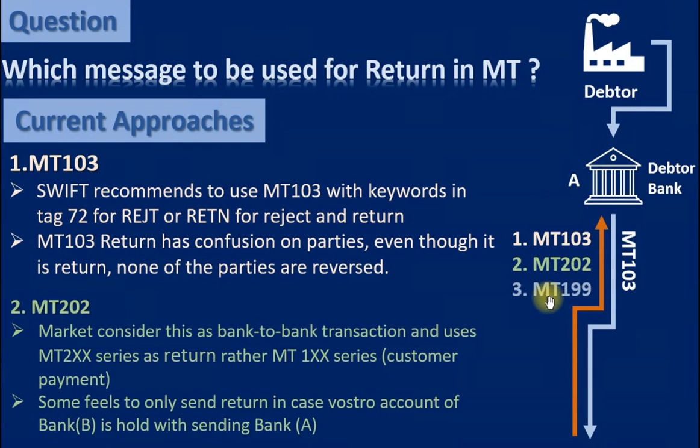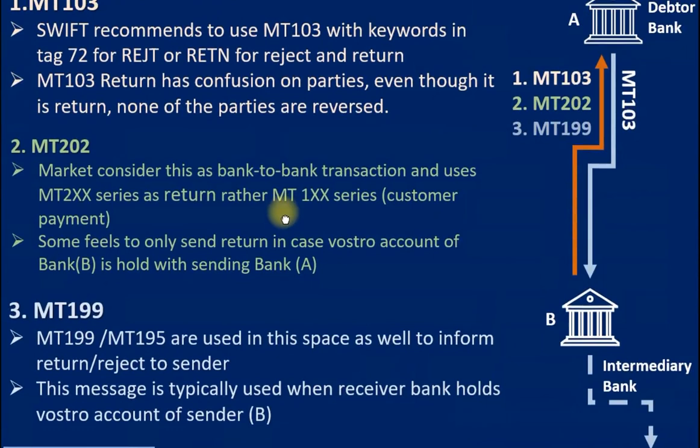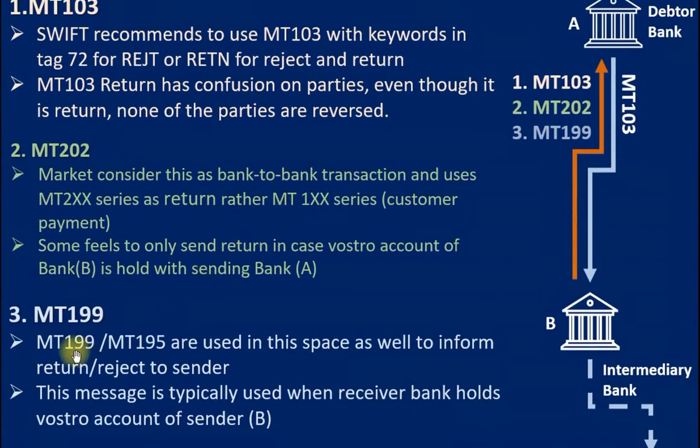So that's where MT199 comes in. What it says is you can use MT199 or maybe MT195 to reply back that I'm rejecting the transaction. But that is typically used in the market when bank A is holding the actual account of bank B, and to correct the books they need to send this particular information, and also 202. While in case bank B is holding the account, they will simply say I will only send 199, that I'm not accepting the transaction as the books are with me.